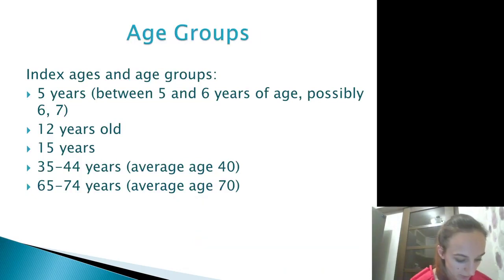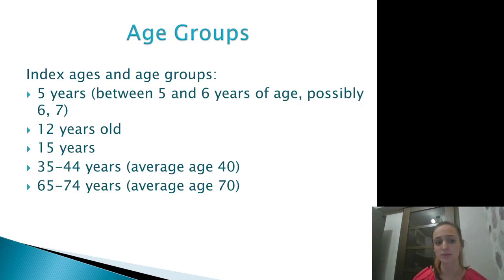Age group. Index age and age groups, please look. It's very necessary information. 5 years, between 5 and 6 years of age, maybe 6 or 7.